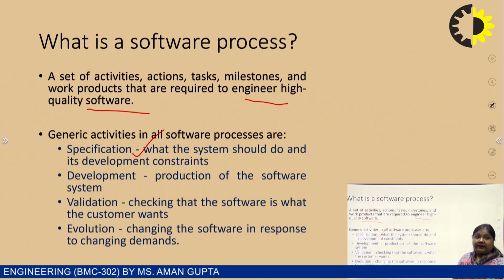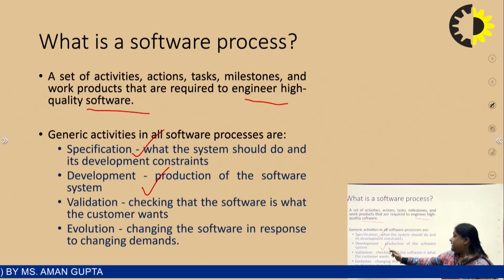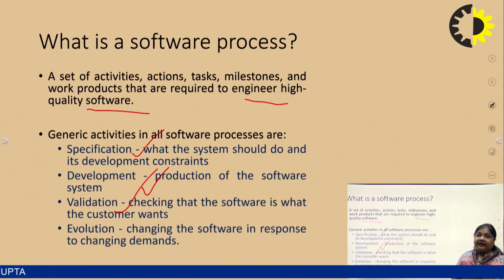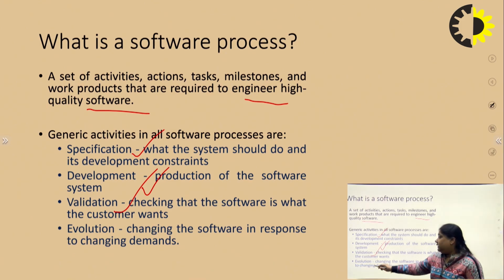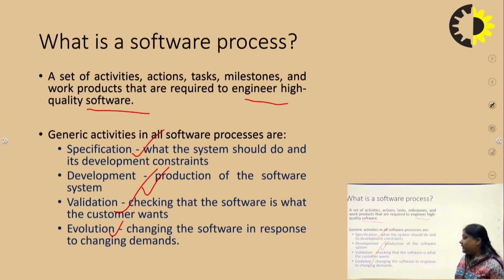Next is development, the actual production of the software system. Next is validation, in which we check that the software is being developed according to the needs of the client or end user. Next is evolution, meaning it can be changed according to the demands of the end user.